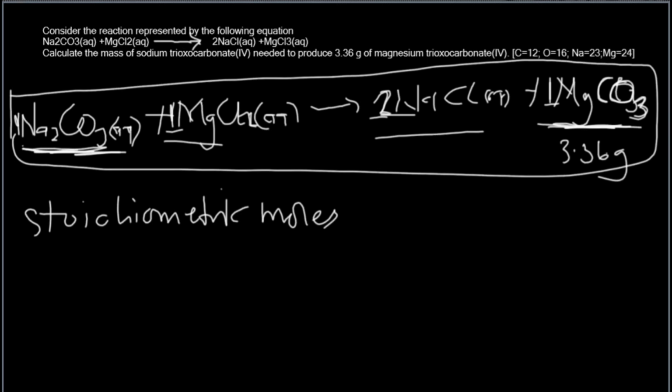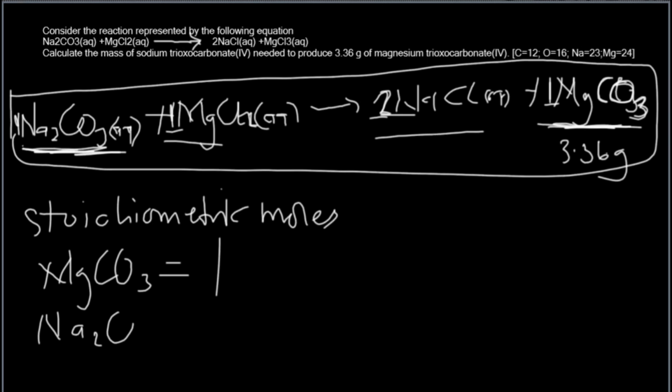For magnesium carbonate, its mole donated is 1. For sodium carbonate, based on the question, that's the comparison. Those are the only two species we are going to compare, and it is 1. So we call something the mole ratio.